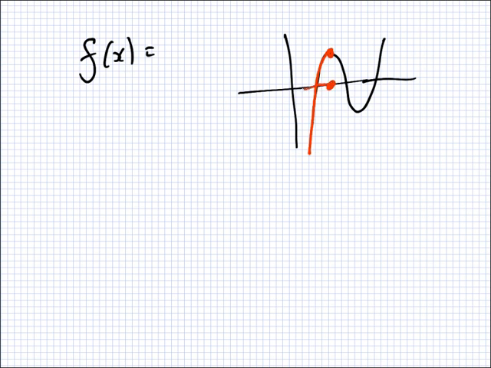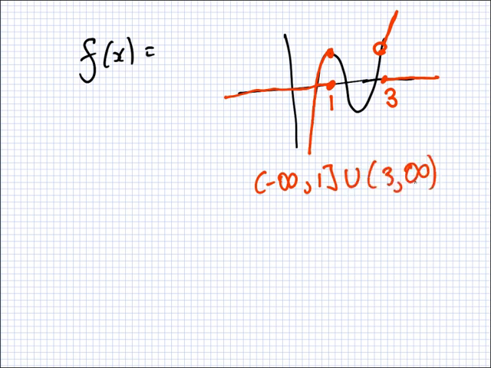Then you could continue from here, but don't use that height, because that's the same as that. So for example, if this was 1 and this was 3, you could use the domain minus infinity to 1, and then 3 to infinity.